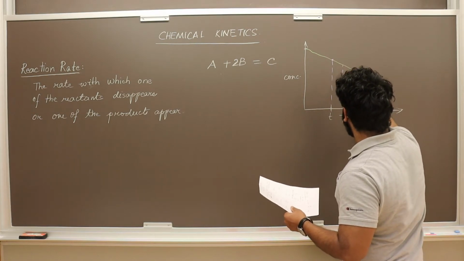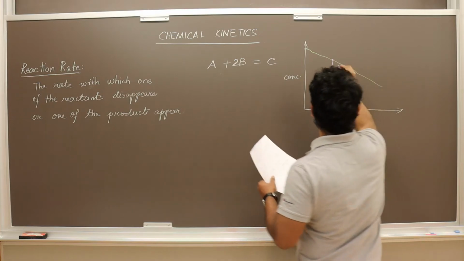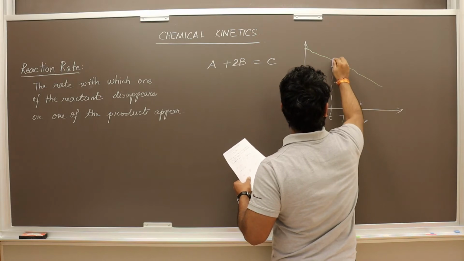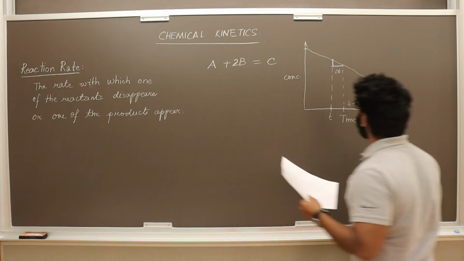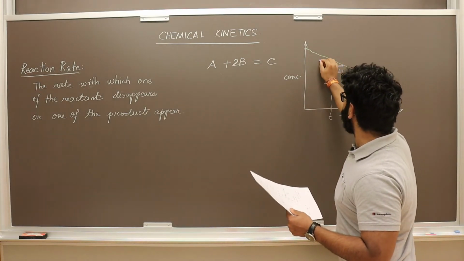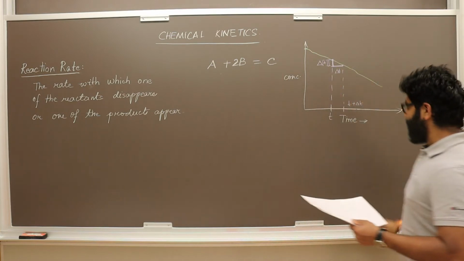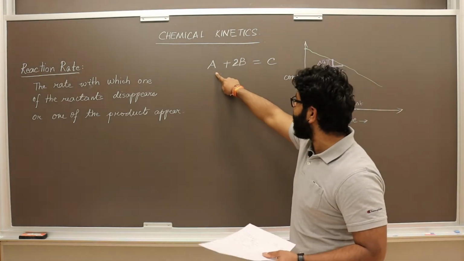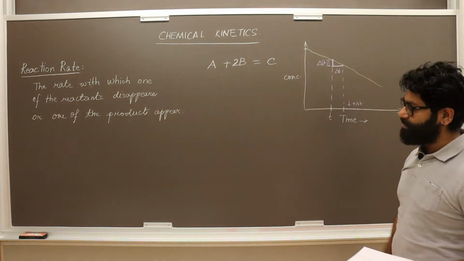So in this, this is dt, right? The change in time, and this is the change in the concentration of A, right? And in here, we can see that as time progresses, the concentration of A is going to decrease, okay?